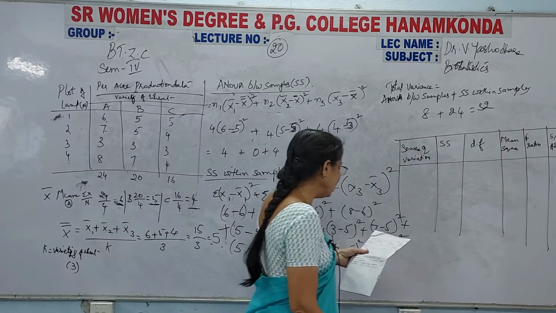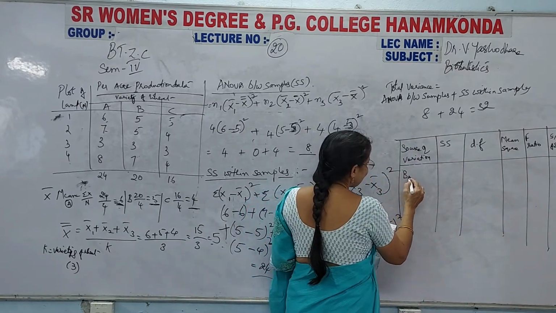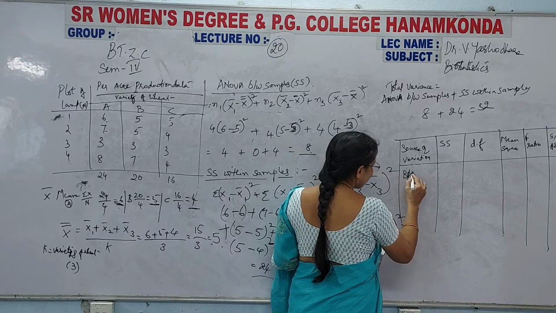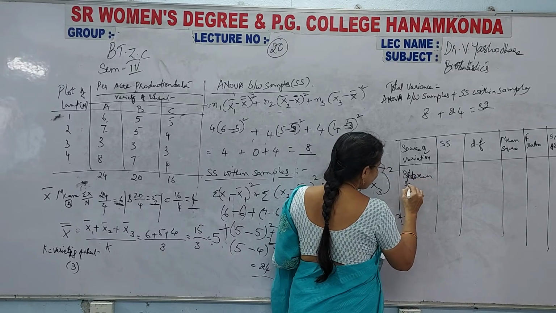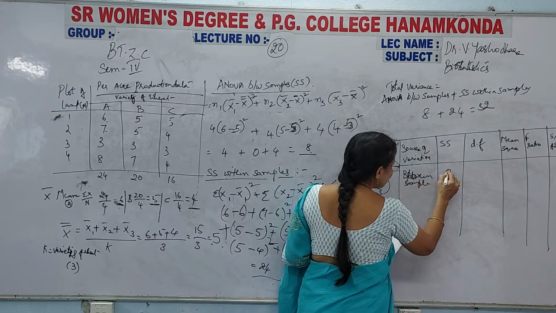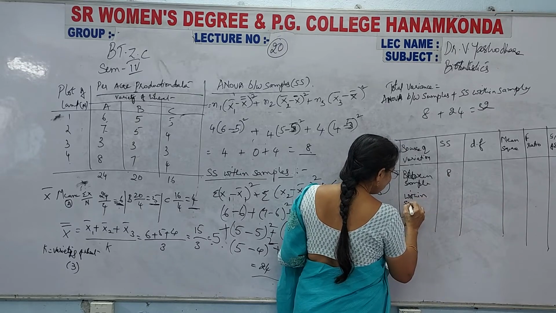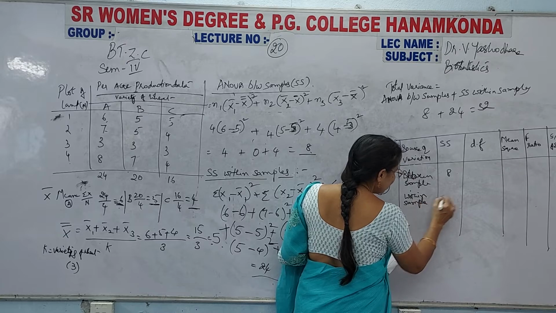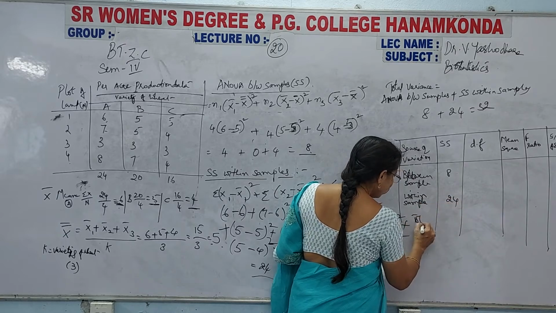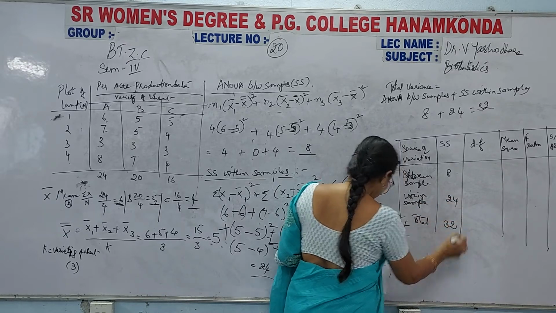Okay, now see here, between sample it is 8. Next within sample 24, total 32. Is it okay?